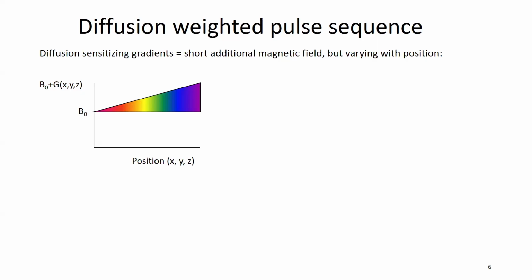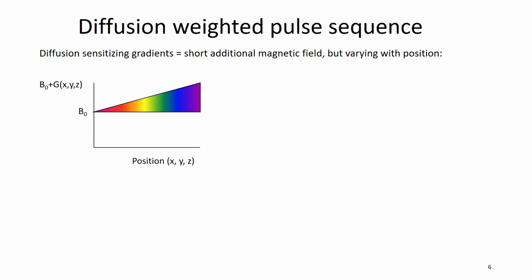If I measure a clinical scan, typically I have two field strengths that I can choose. 1.5 Tesla is one, and the other one is 3 Tesla. But then, in principle, the whole area in this magnet is 3 Tesla or it's 1.5 Tesla.